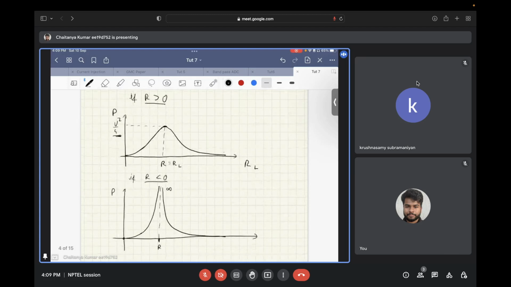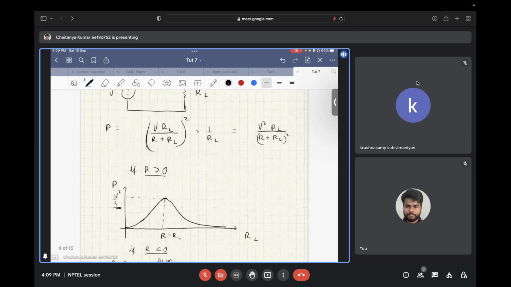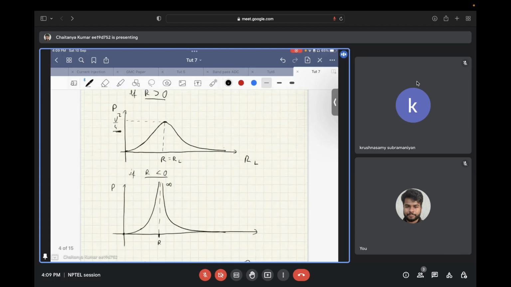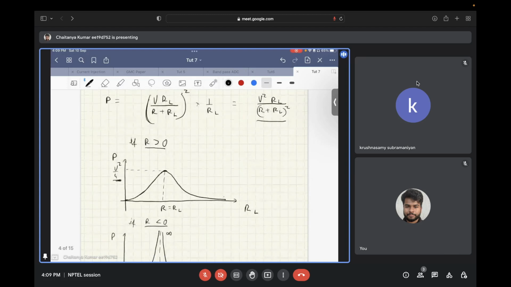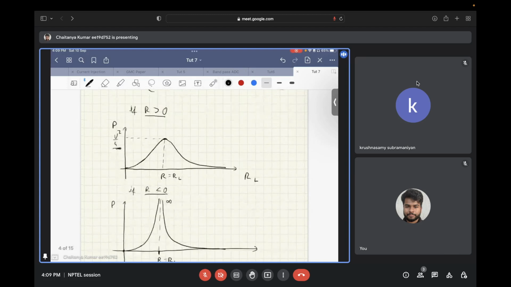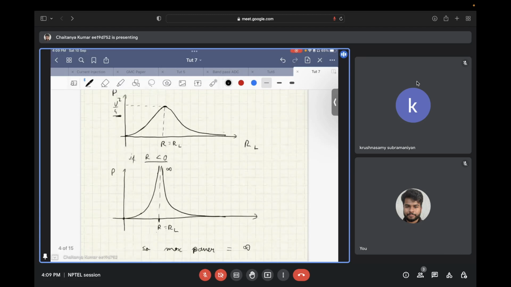When this curve reaches RL equal to R, our denominator goes to 0, and the power delivered to this resistor goes to infinity. After that it starts falling gradually to 0 as RL tends to infinity. So the maximum power that can be transferred in this case is infinite and not V square by 4.